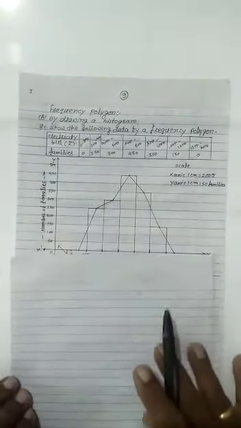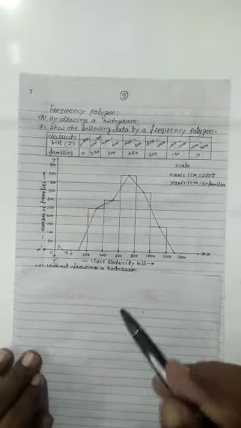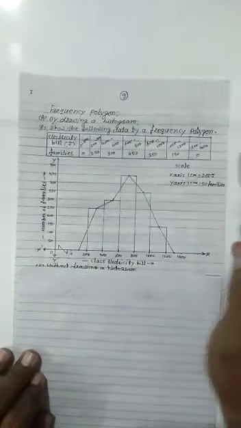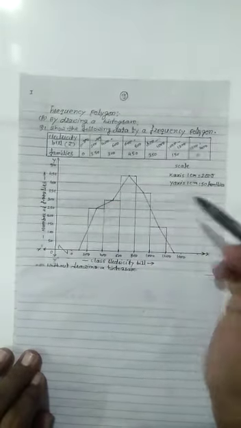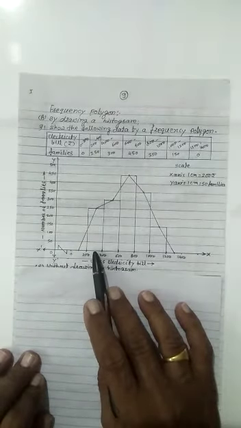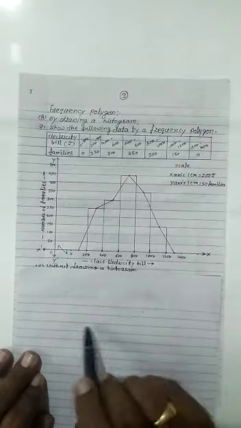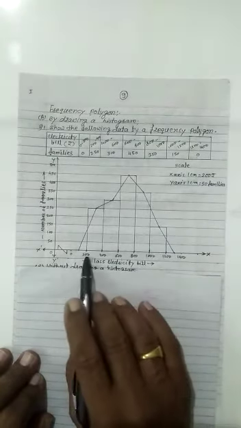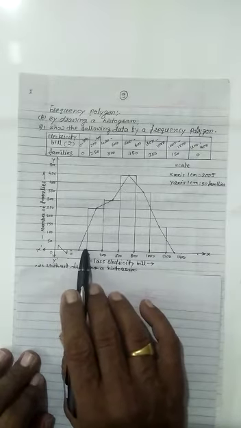Then draw the histogram. Now we know about drawing the histogram, that is, we draw a rectangle for each of the classes. Here 1, 2, 3, 4, 5, 6, 7 classes are given, so we draw 7 rectangles. See in this figure, 1, 2, 3, 4, 5 rectangles we see, but here for 0 to 200 the frequency is 0, so this rectangle's height is 0.